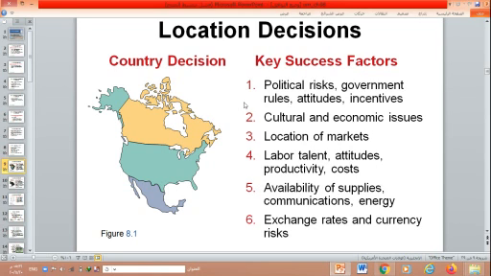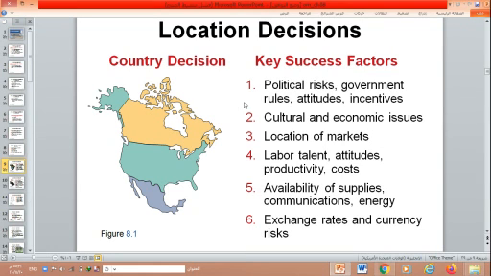Availability of supplies, communications, and energy. Energy is very important, and there are some countries that don't have electricity and energy, or it is very expensive in this country, so we must take this factor into consideration in the country where we decided to put our operations or facilities, to open the new offices or factories for our companies.